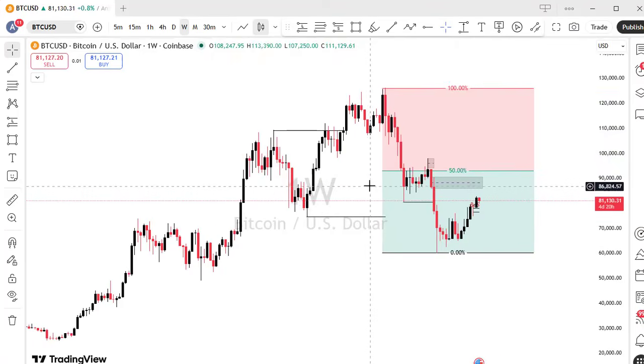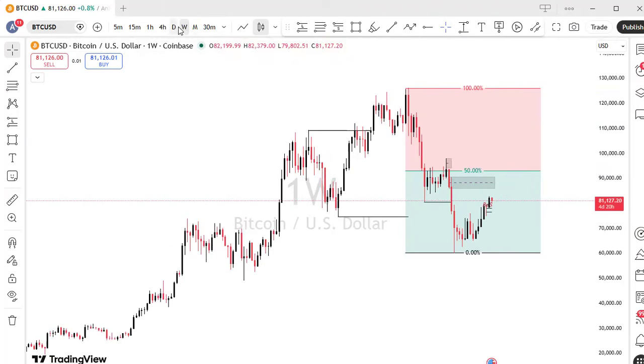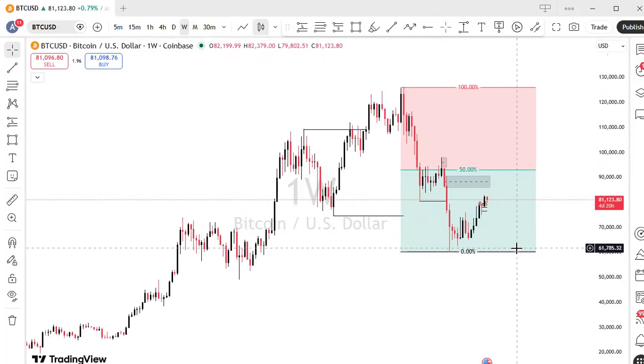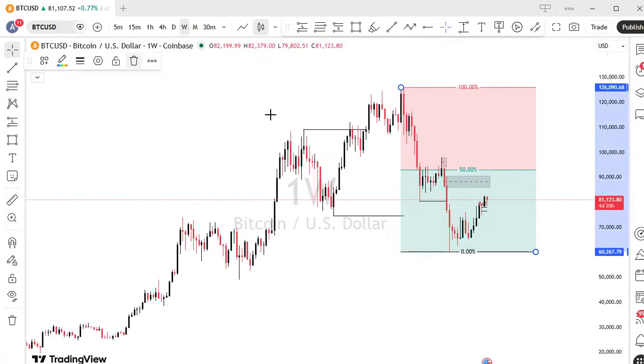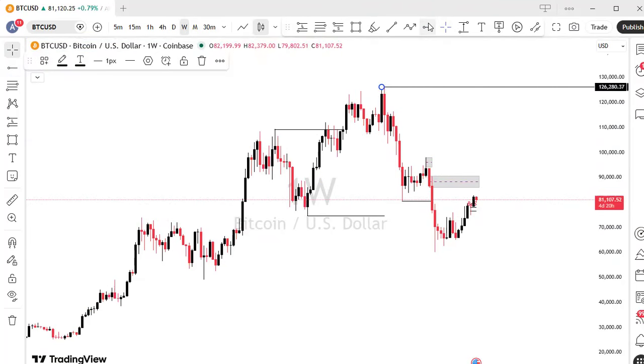But if the weekly swing wants to come for a pullback, then the daily swing has to shift direction. Remember that. Looking at the internal structure of this swing, this is our protected high and this is our targeted low.